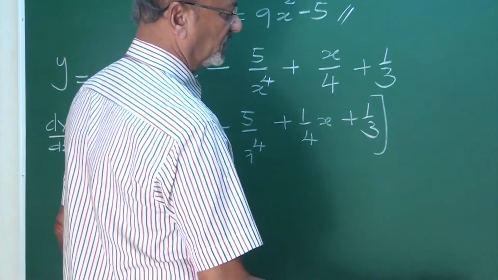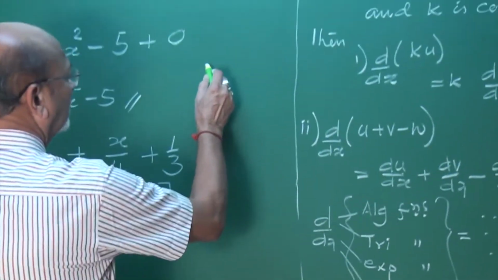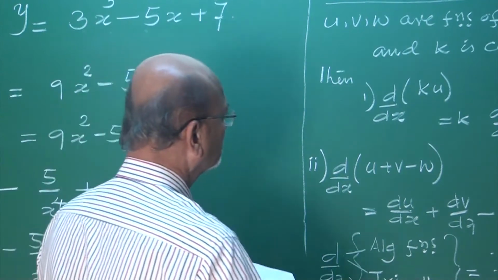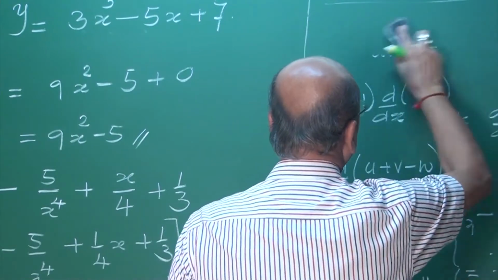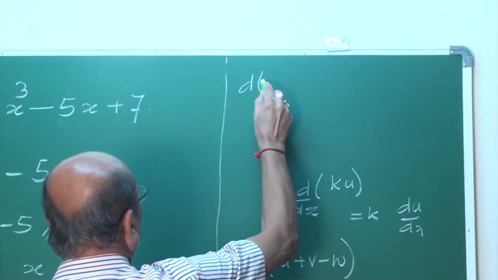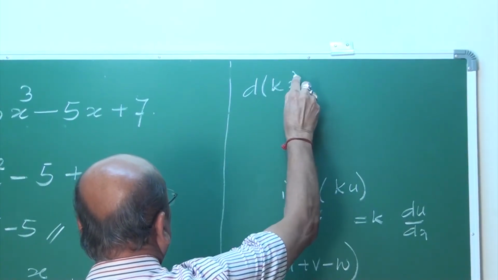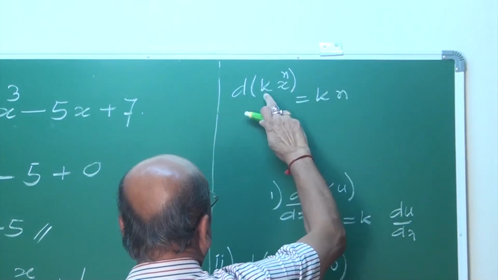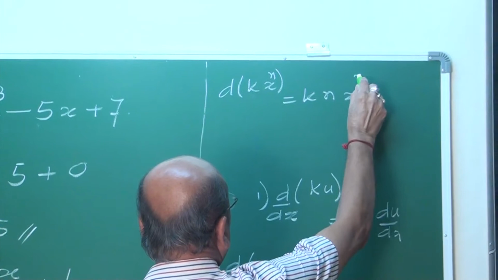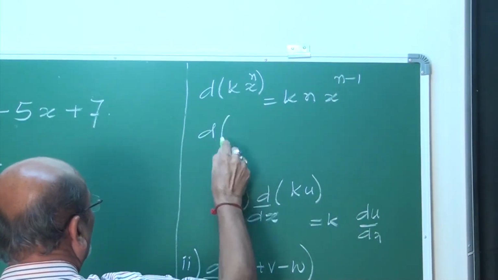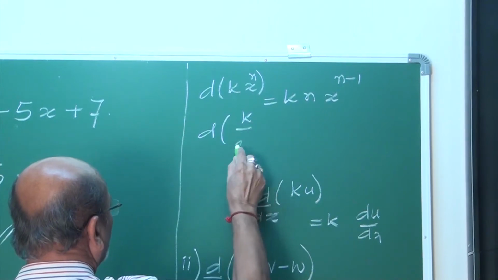My friends, just a reminder, what is the derivative of x to the power n? The derivative of k into x to the power n with respect to x is k into n, you have to multiply both, x to the power 1 less. What is the second? Derivative of k upon x to the power n.